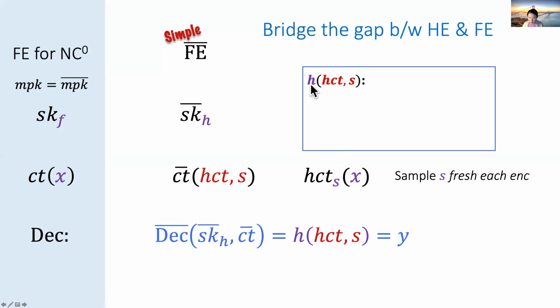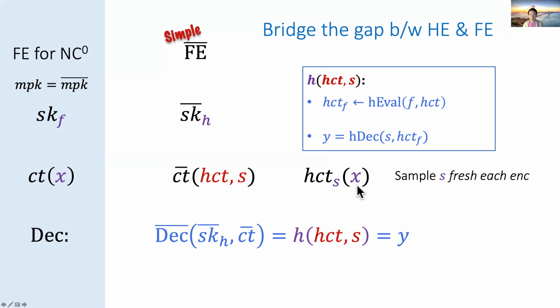And the function H, given these two inputs, is going to first evaluate homomorphically the function f on the HE ciphertext to obtain an HE output ciphertext, and then simply decrypt this output ciphertext using the secret key of HE to reveal the output Y. Note that if the functional encryption scheme is secure, it means that the only thing that is revealed through the pair of secret key and ciphertext is the output Y, and nothing about the encrypted secret key S beyond Y is revealed.